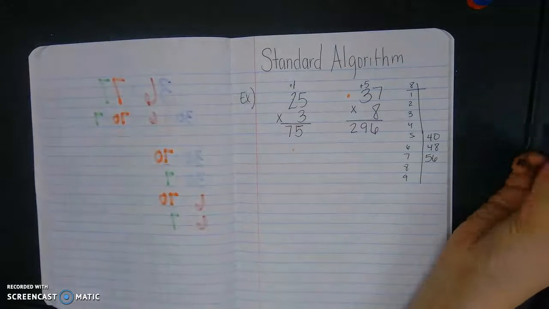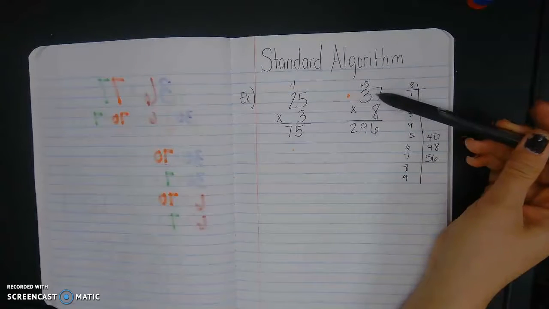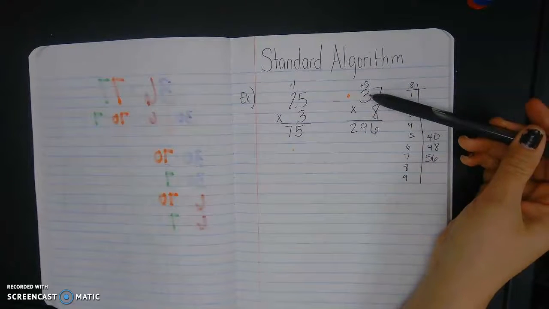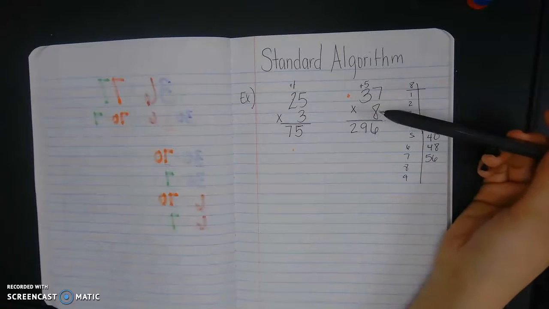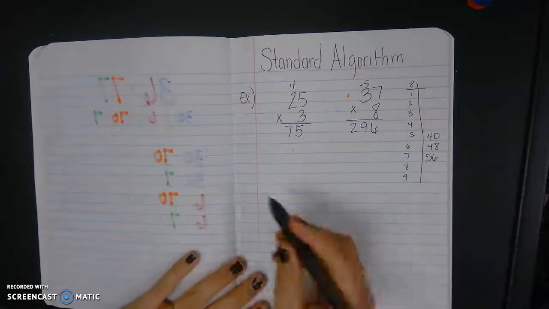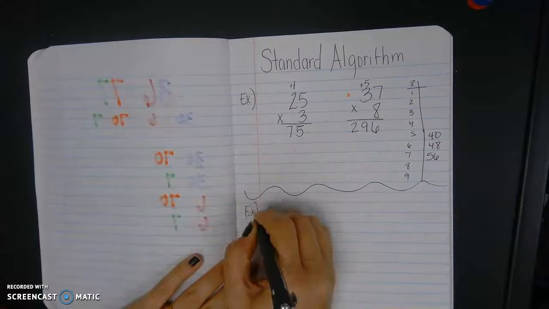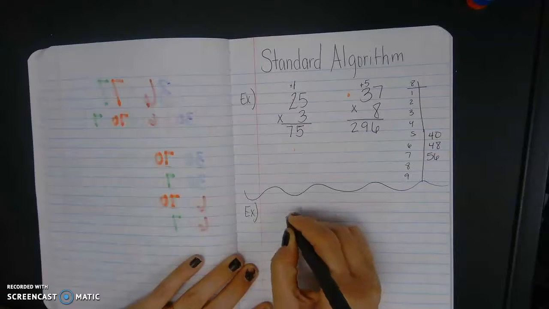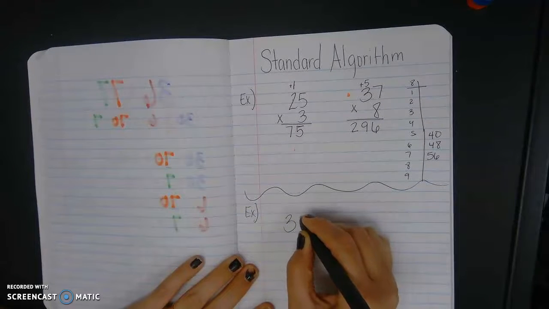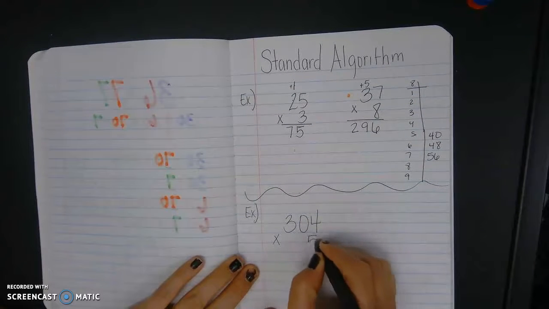In fourth grade, today we're going to do the same thing, except we're going to use 3-digit numbers up top, numbers that go into the hundreds place, and 4-digit numbers, numbers that go into the thousands place. So let's do an example first into the hundreds. Let's do 304 times 5.